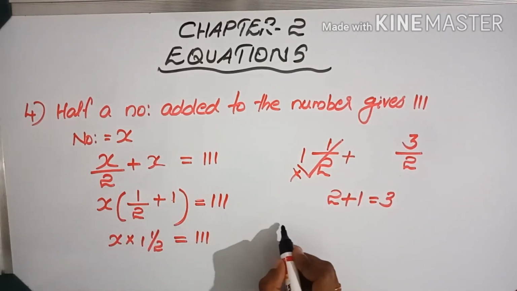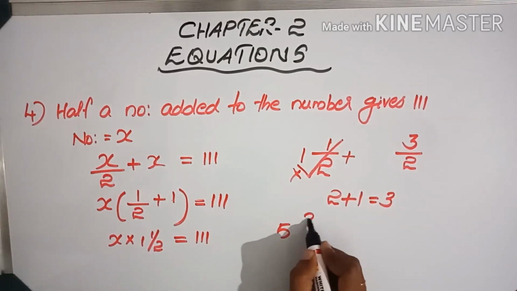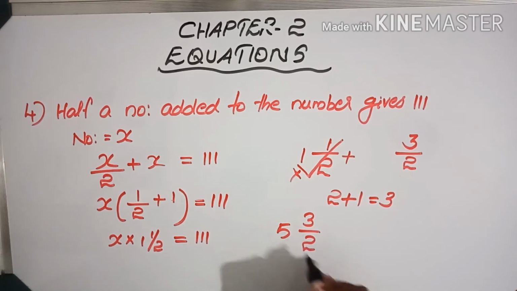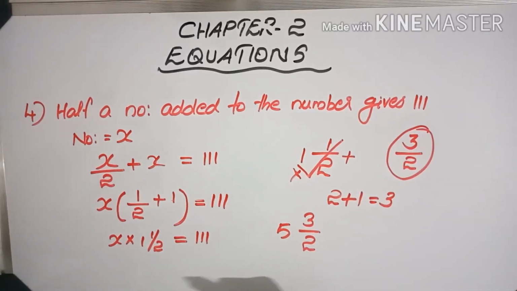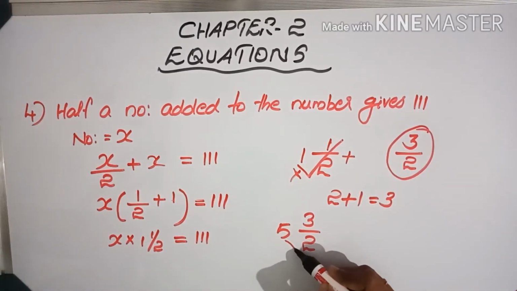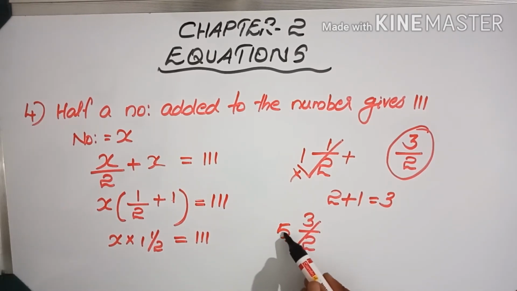Okay, we'll show you one more example. 5 3 by 2. This is also a mixed fraction. We are going to convert this into a simple fraction. So for that also let's use the tick mark. 5 into 2, 5 2s are 10.